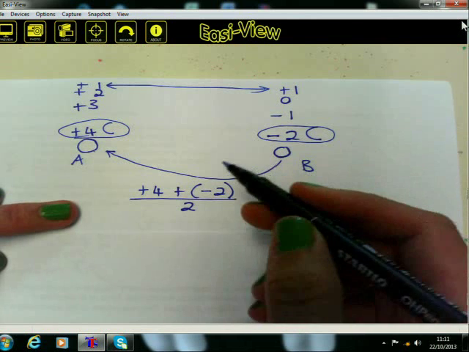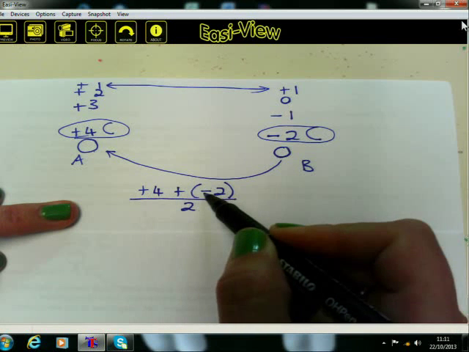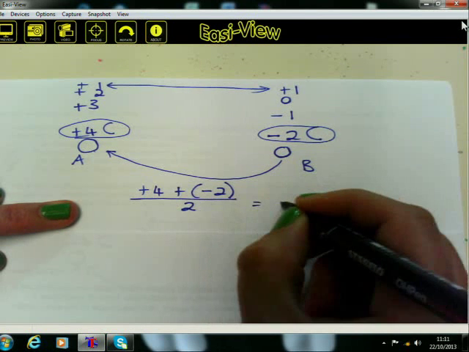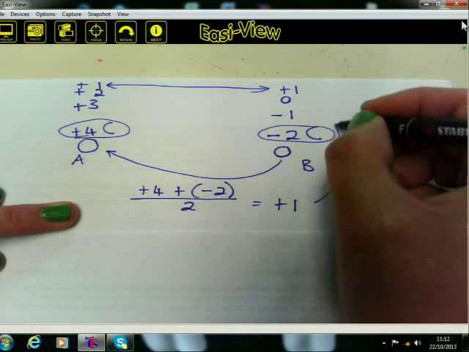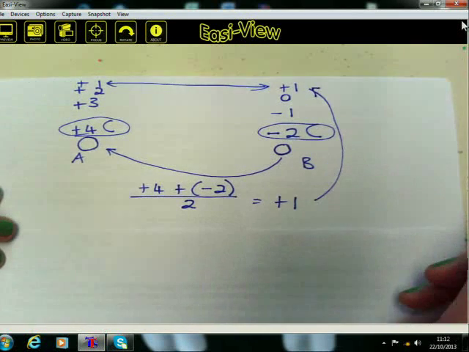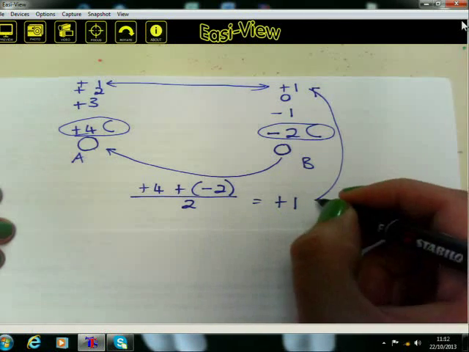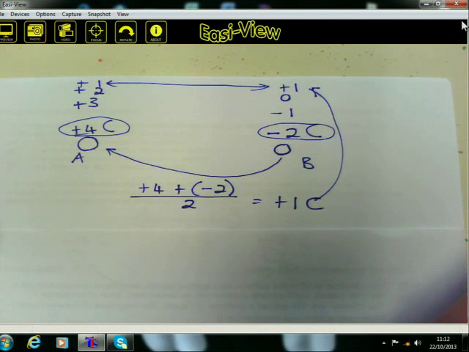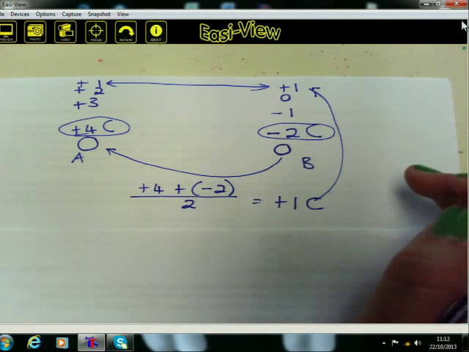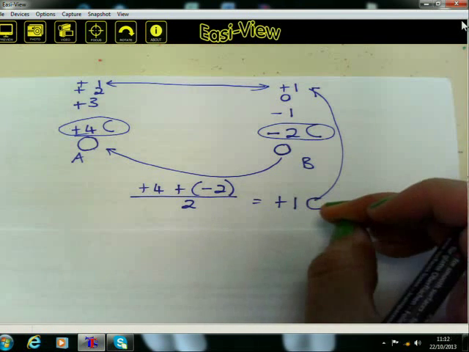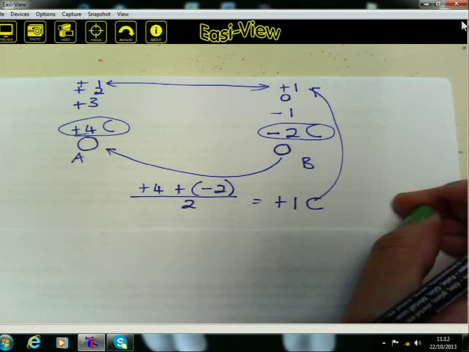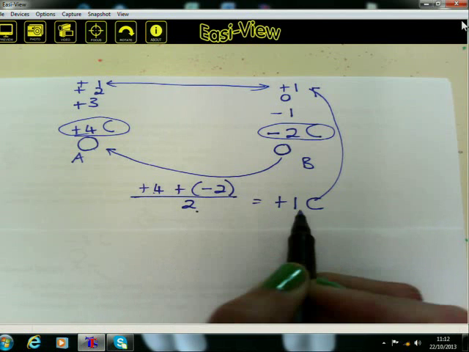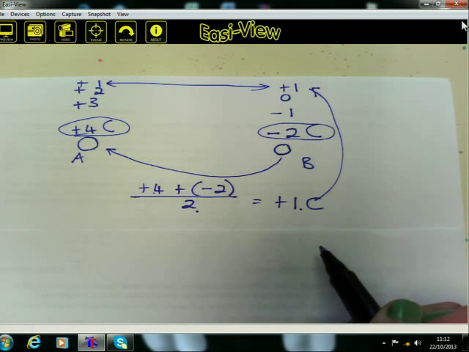So the new charge will be plus 4 plus minus 2, that will be plus 2, divided by 2 equals plus 1. And that's exactly what we said when we did it step by step. Plus 1 coulomb. So if they ever ask you what the new charge is when two charged objects touch each other, you add the two charges, you divide by 2, and you get your answer of the new charge.